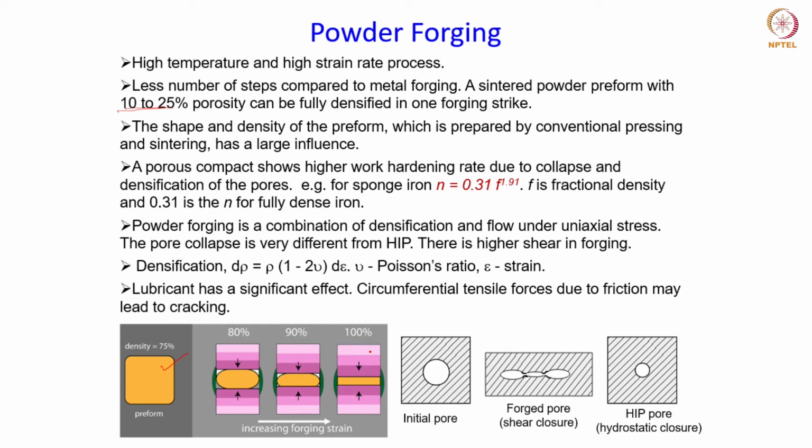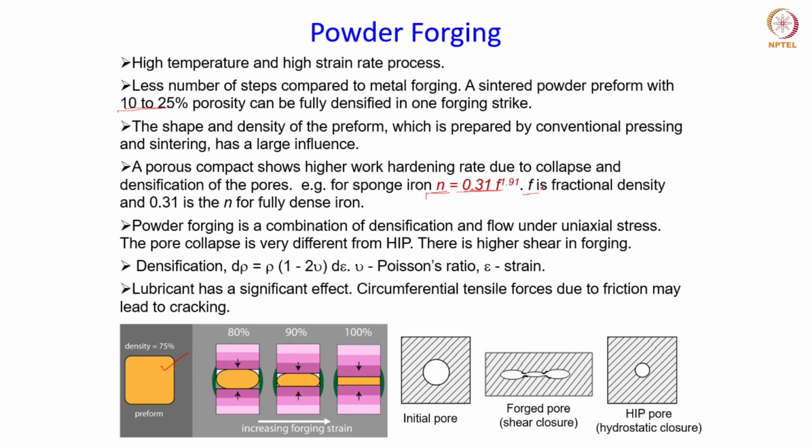And one thing that I should mention over here is that a porous compact shows a higher work hardening rate due to the collapsing of the pores and the associated densification which occurs. For example, the strain hardening exponent n for sponge iron can be written in this form as a function of the fractional density f, right?